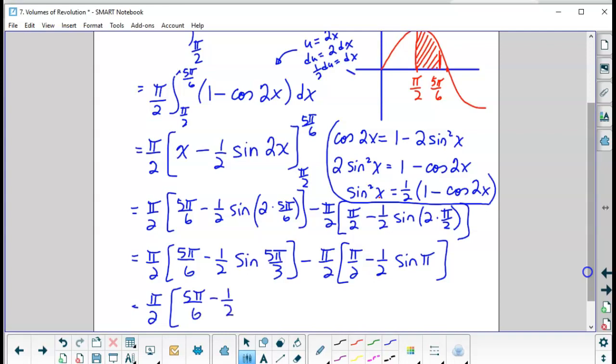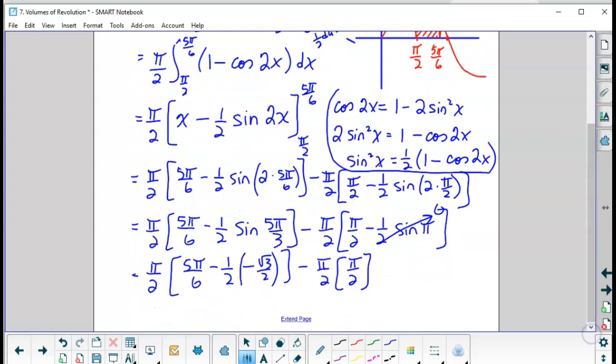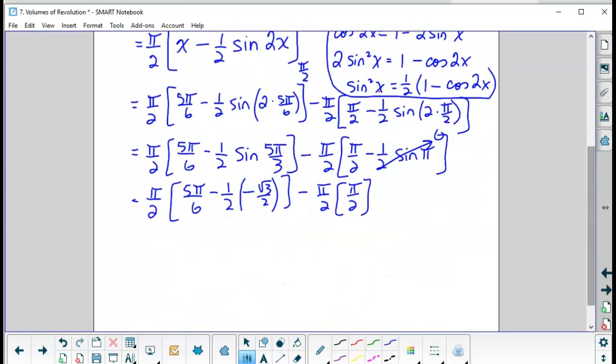So sine of 5 pi over 3 is going to be negative root 3 over 2. And sine of pi is 0, so we just leave it as pi over 2. And then simplify.